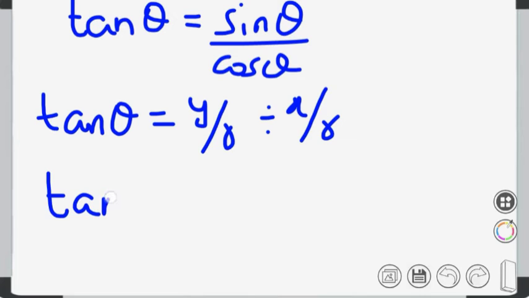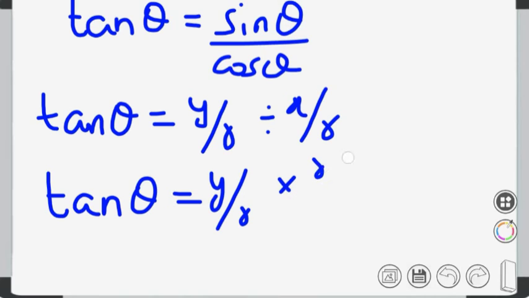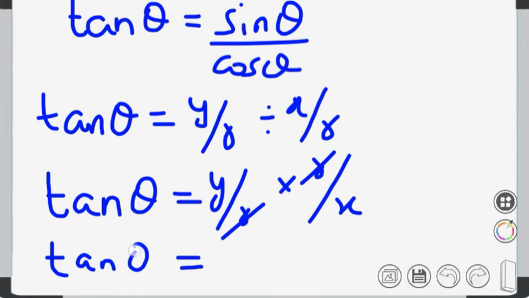So tangent theta will become y over r multiplied by r over x. R and r will be cancelled, and tangent theta will be equals to y over x, which we have already calculated. So you can also say that tangent theta is equals to y over x can be derived by using this expression.